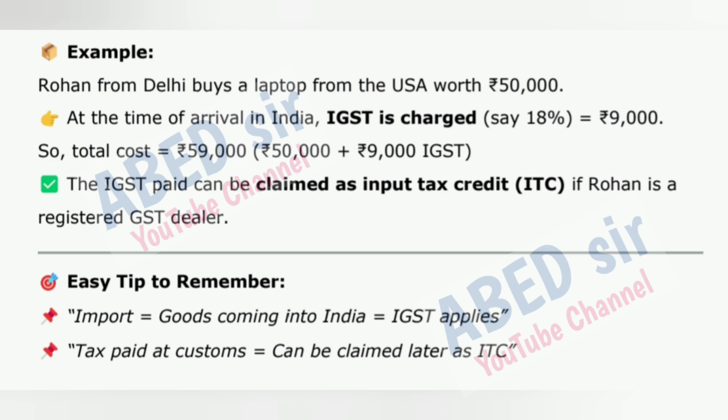The IGST paid can be claimed as input tax credit, ITC, if Rohan is a registered GST dealer. Easy tip to remember: import = goods coming into India = IGST applies. Tax paid at customs = can be claimed later as ITC.